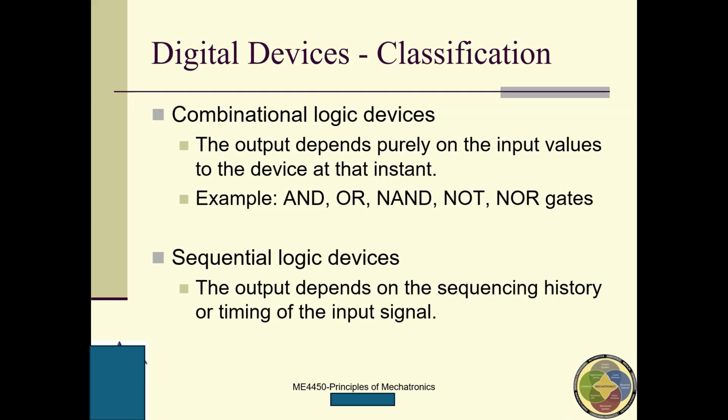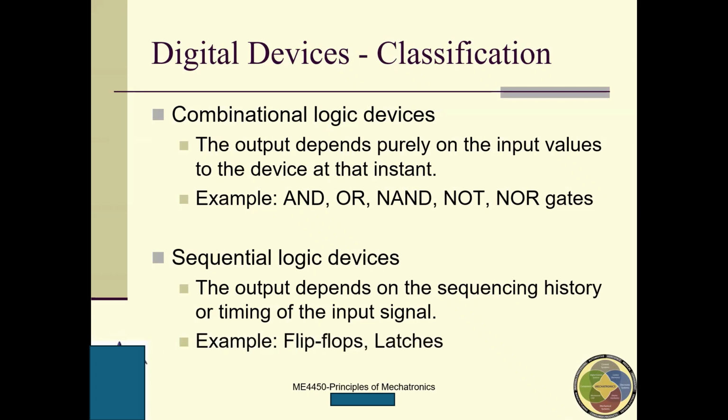In sequential logic, the output depends on the sequencing history, or timing, of the input signal. So these are 2 different kinds. For the first set we have AND, OR, NOT, NOR gates. For the second, the flip-flops and latches, we will not talk about this one. We only focus on the combinational logic devices.